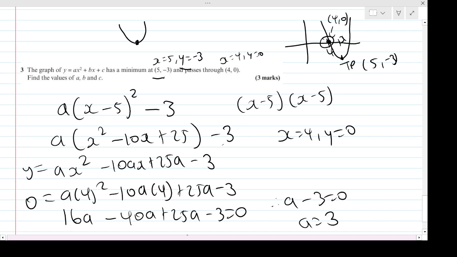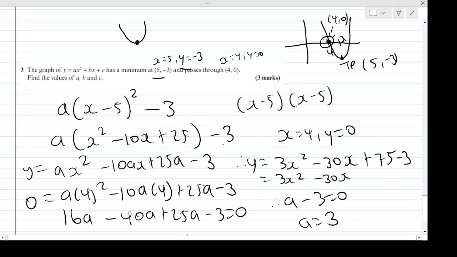And there we are. Then I could just plug a into here, so therefore y is ax squared, which should now be 3x squared, minus 10a lots of x, well 10 times 3 is minus 30x. And then 25 lots of 3 is going to be plus 75 minus 3 at the end. And then I could bring the numbers together to get 3x squared minus 30x plus 72.